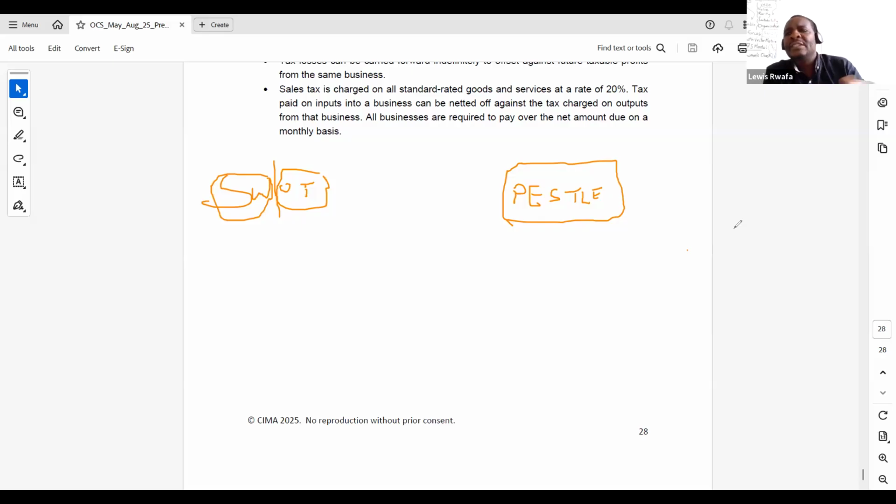Now, political, we need to look at all the aspects. We are told that Halfpenny operates in Keyland, and Keyland has its rules and regulations that govern the manufacturing of staple foods, such as bread. So a key consideration could be if the Keyland government introduced some new regulation on food hygiene or on labeling of products.